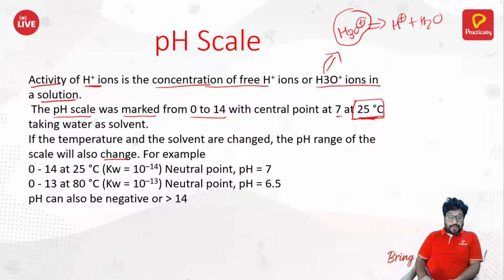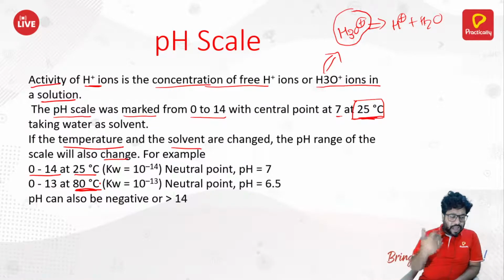If the temperature changes, and obviously if you change the solvent from water to any other solvent, then this pH scale range will surely change, isn't it? At 25 degrees Celsius, as I told you, it is 0 to 14, and the middle point, 7, is the neutral point. But if you increase the temperature from 25 to 80 degrees Celsius, the ionization or dissociation of water will happen to a greater extent.